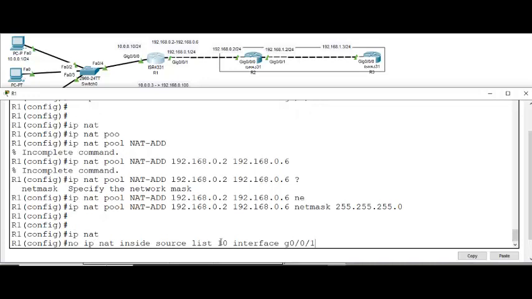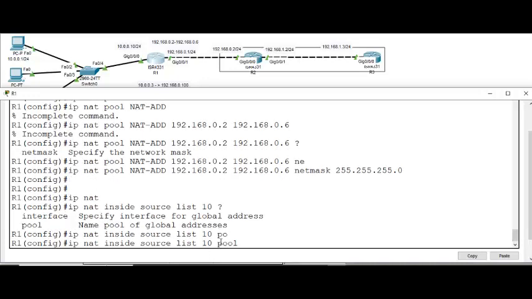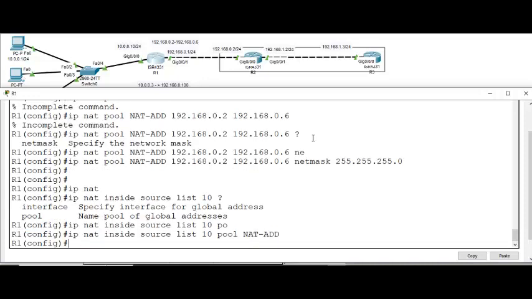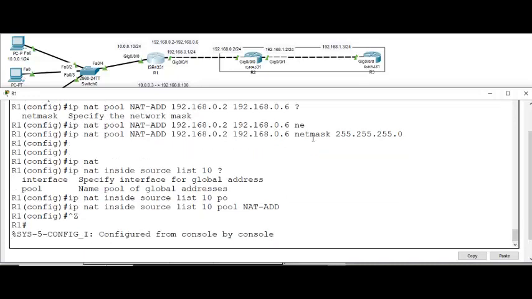And when I give overload, you see what happens. Now, I did not give overload. When I ping from here, the ping will happen, and the first address from the pool will be given. And when I ping from the second computer, the second address will be given, that is 0.3. That's what we are going to see.